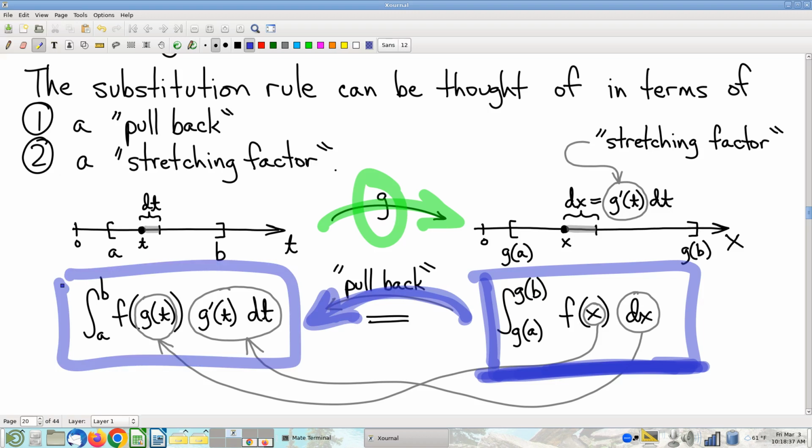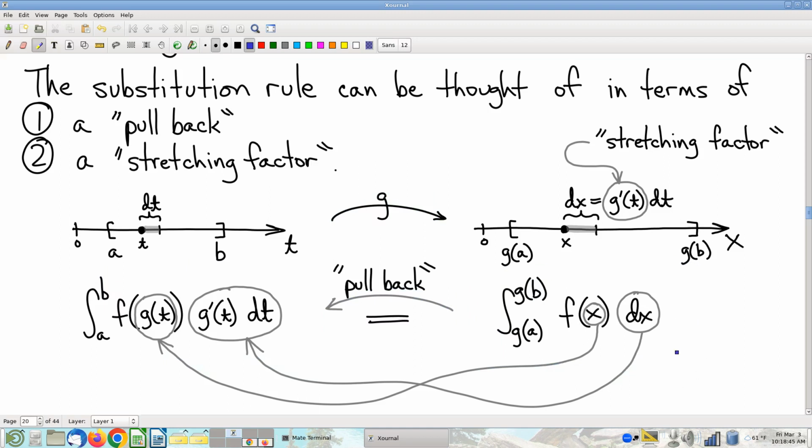Does everybody believe it? Is that cool? Is everybody happy? Okay. Most of this is just plugging in. Not that much to it, really. So per the previously noted example, if x is g of t, then, well, this x is g of t. Just plug it right on in, no problem.